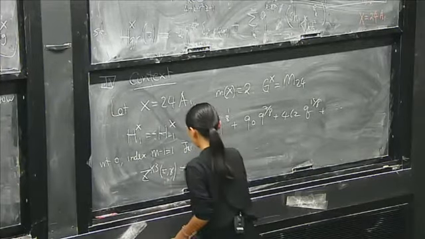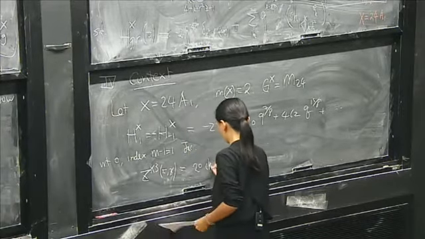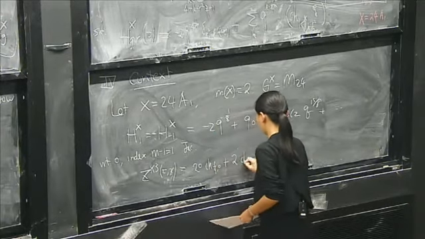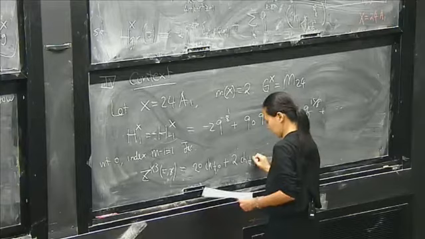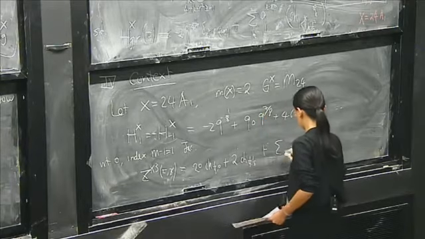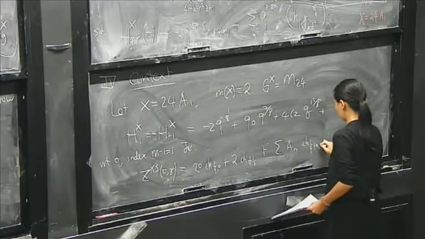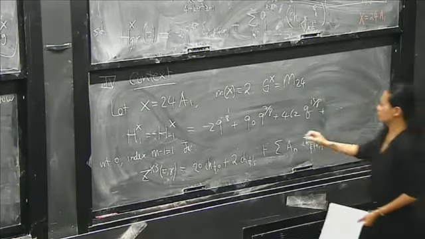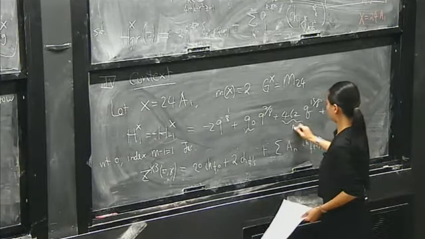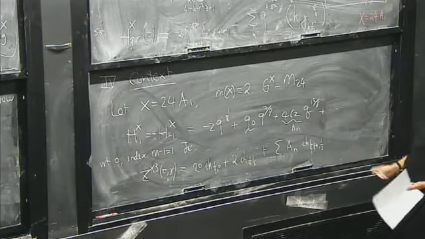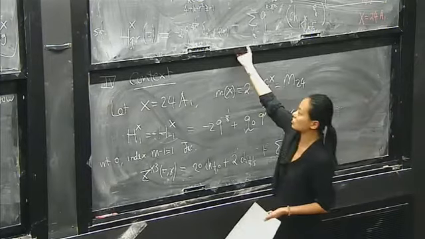So this is 24. And these numbers are the A_n, right? And how do you go from this to this? It sounds like it has nothing to do with each other, these two formulations.